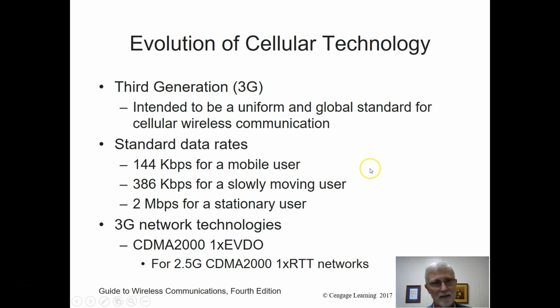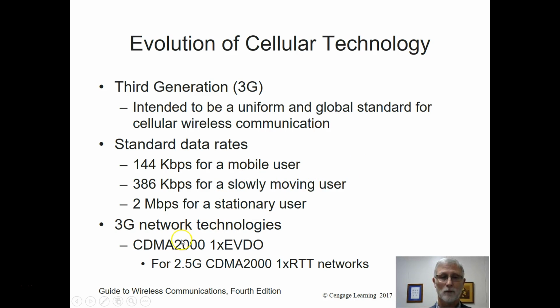Now, the 3rd generation was intended to start standardizing a uniform global standard across all the cellular systems. It allowed better data rates, and it's based on which evolution you were coming from as to what next system you went to.